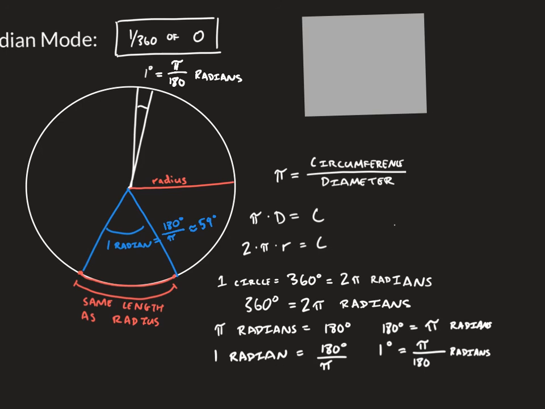And pi divided by 180, well, I can't do that one in my head. Let's see. Pi divided by 180 is 0.017 radians. About 0.017 radians. Cool. So that is radian mode.